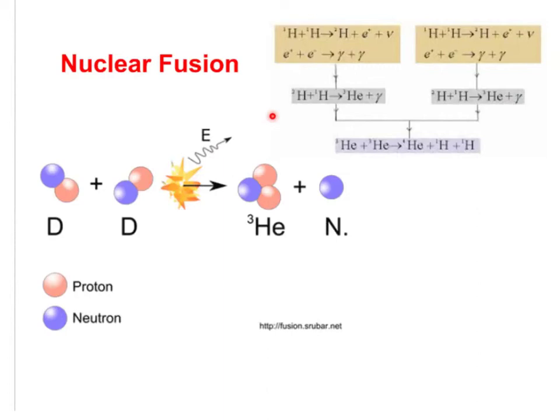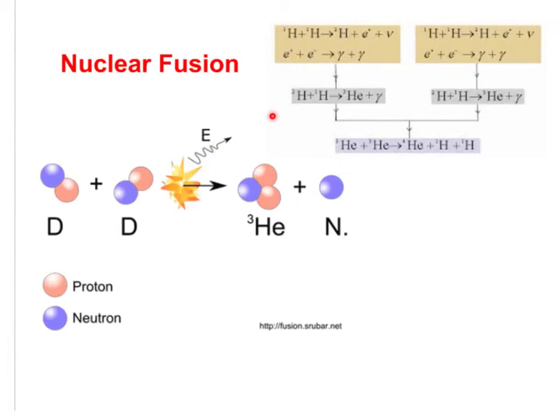The fusion process, though, is a lot more difficult to initiate than fission. This is because the forces that bind the nucleons together are only effective at very, very, very short distances. So in order to bind protons together, they have to get extremely close together.